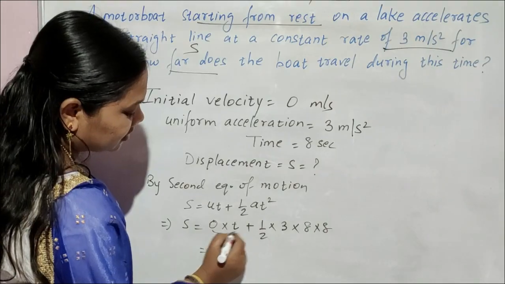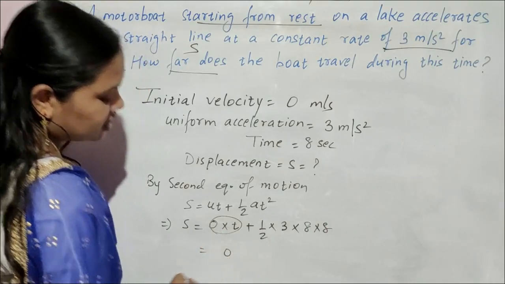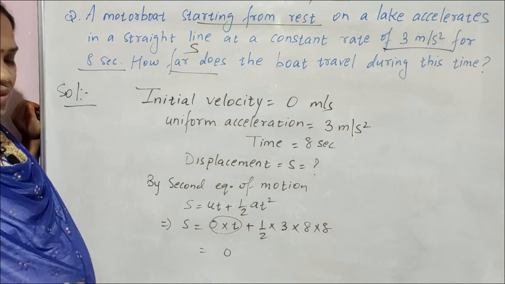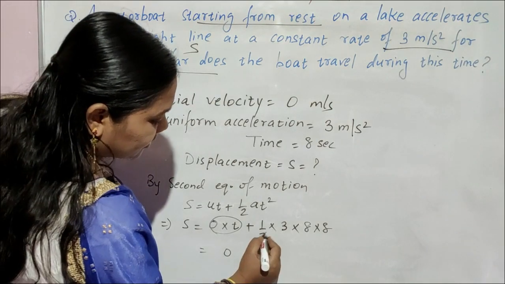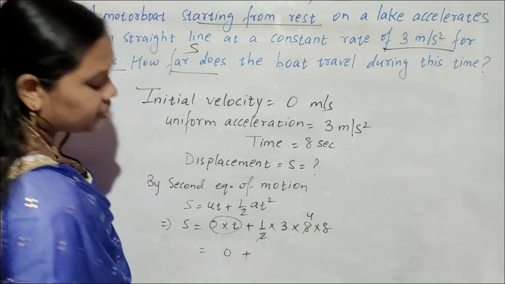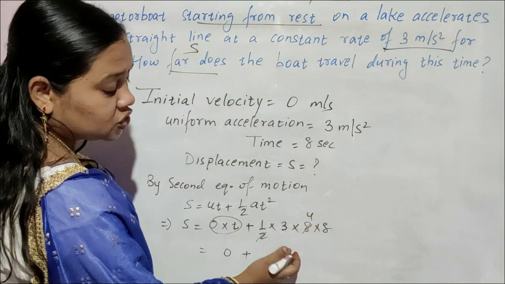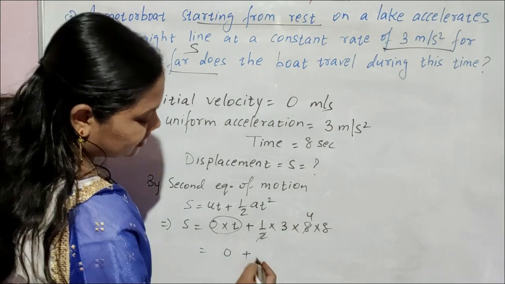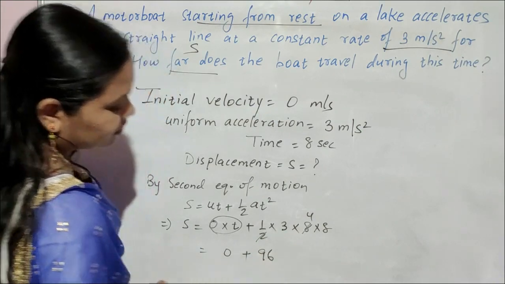Now the first term becomes 0. 0 into t is 0. Then cancel: 2 4s are 8. So 4 3s are 12. 12 8s are 96.